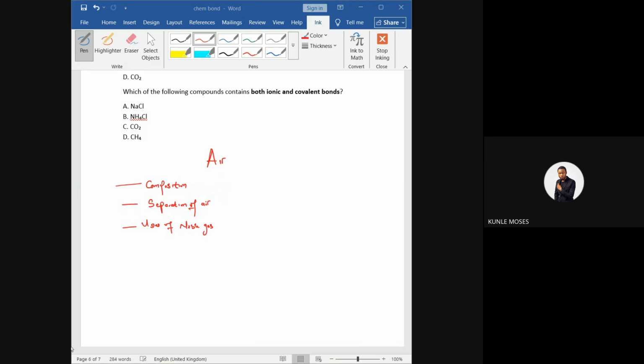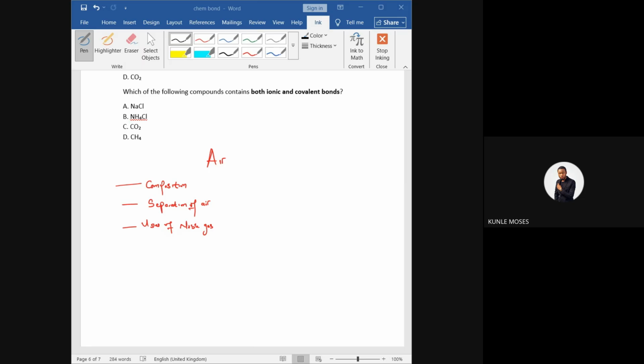These are the things we'll be checking in the next class. And if time permits us, we'll be checking water, solubility, acid, base, and salts, and electrolysis. And then organic chemistry. Then we are done.